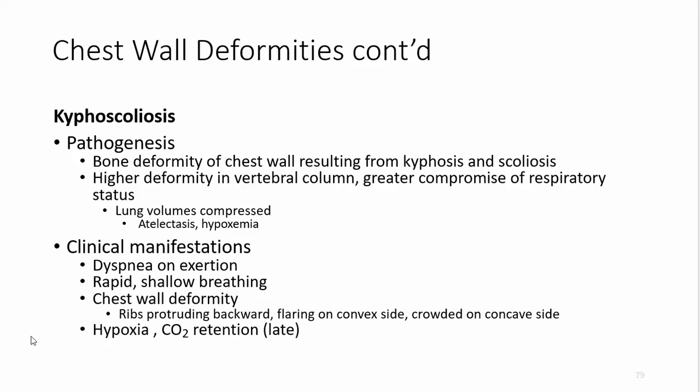It restricts filling, so it can lead to hypoxemia. Dyspnea on exertion makes sense. Rapid shallow breathing because you're trying to move air. You don't have as much with each breath, so you need more breaths, right?